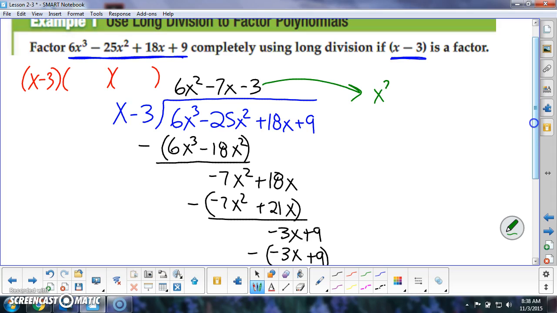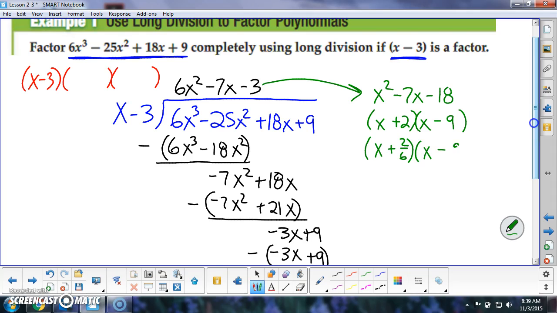So let me take the 6 and send it to the back. And then factor from there. Make up for sending the 6 to the back by dividing by 6. And that would give us x plus 2/6, x minus 9/6, which I would change into 3x plus 1.